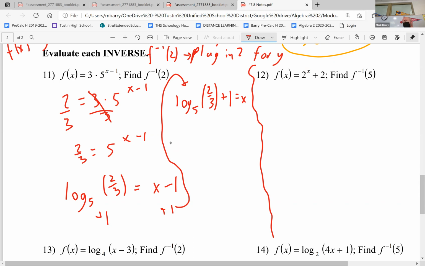Now we need to type this in the calculator. So remember to type these in the calculator. When it's a different base, we have to do log of whatever's inside the log over log of whatever the base is.